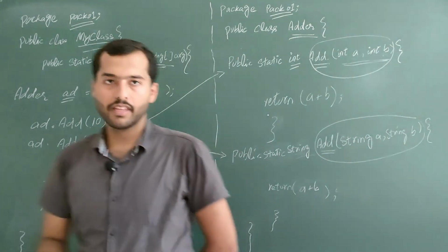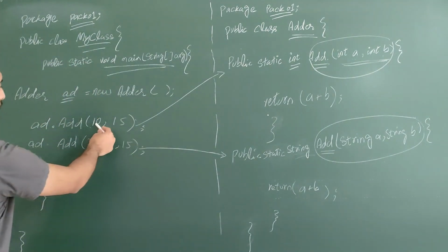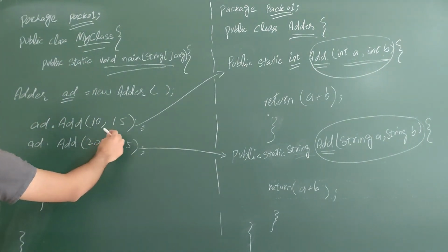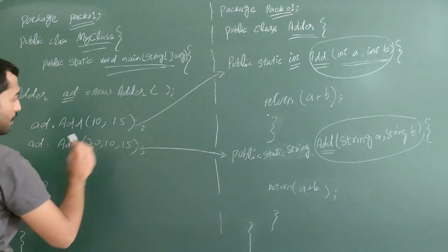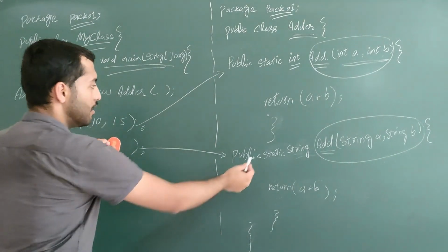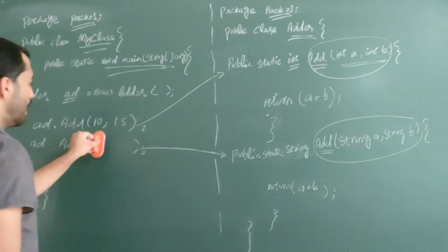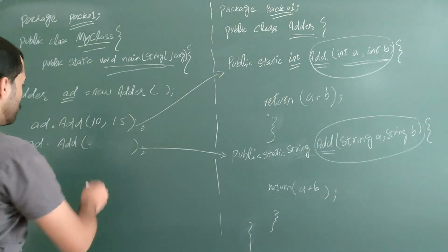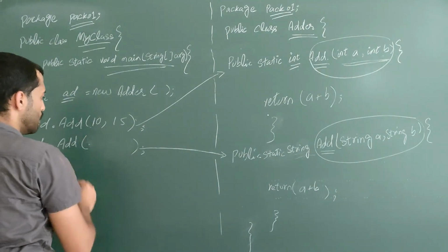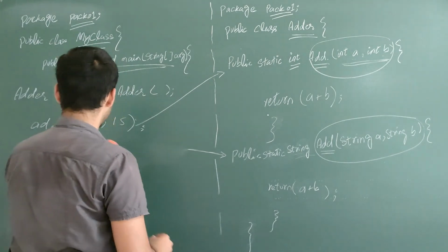Now when I pass integer values, it will go to the integer method. But to call this method, I have to pass strings. So let's suppose I pass strings, such as my name.